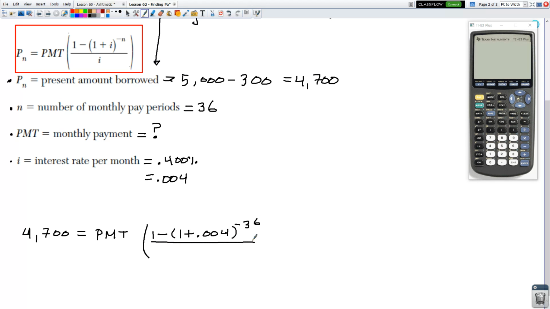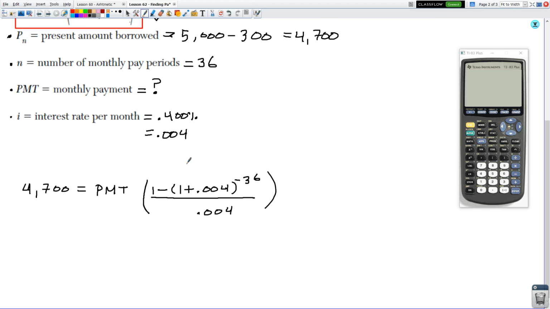And everything is going to be divided by the interest, which we know is 0.004. Close parenthesis. So this is what we have right here. But again, what we want to know is PMT. Don't confuse PMT as 3 variables. It's just one big variable whose name is PMT.